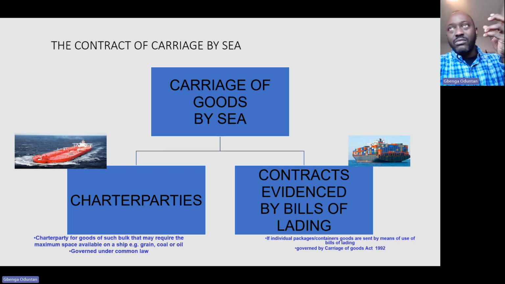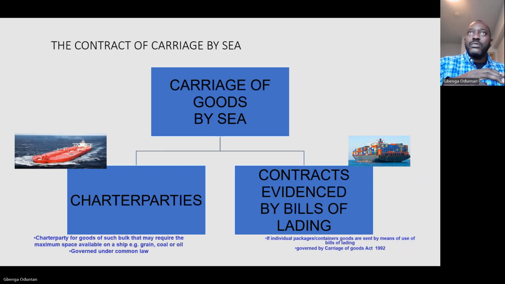Packages, entire containers, several containers, requiring one bill of lading to evidence the contract. That's one way of carriage of goods by sea contract. The other one is the charter party, where bulk necessitates the use of the maximum space on a particular ship, and therefore the entire ship is chartered for the purpose.